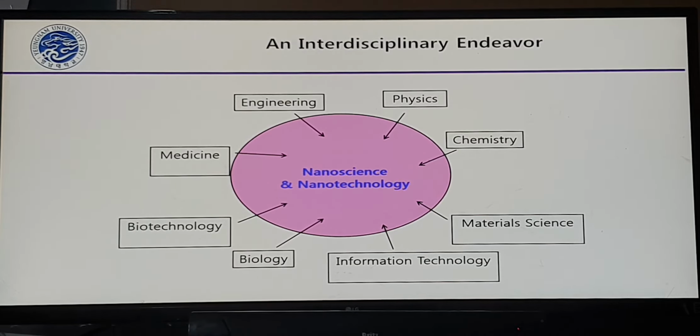So that's why nanoscience and nanotechnology is a multidisciplinary subject which every science student, every engineering student must know about, because it finds applications in all the branches of science like chemistry, physics, material science, physical science, biotechnology, including medicine and information technology. So this is the beauty of nanoscience and nanotechnology, which is essential for everyone.